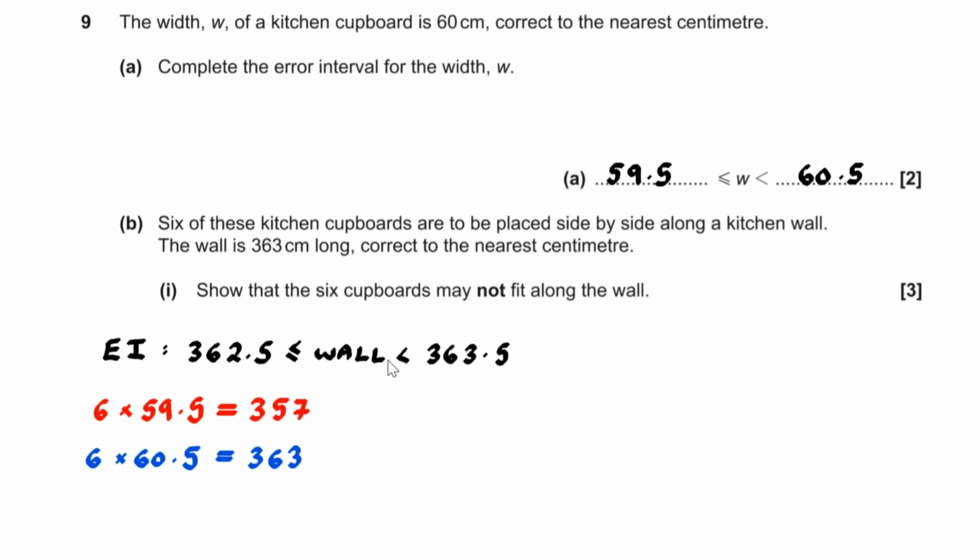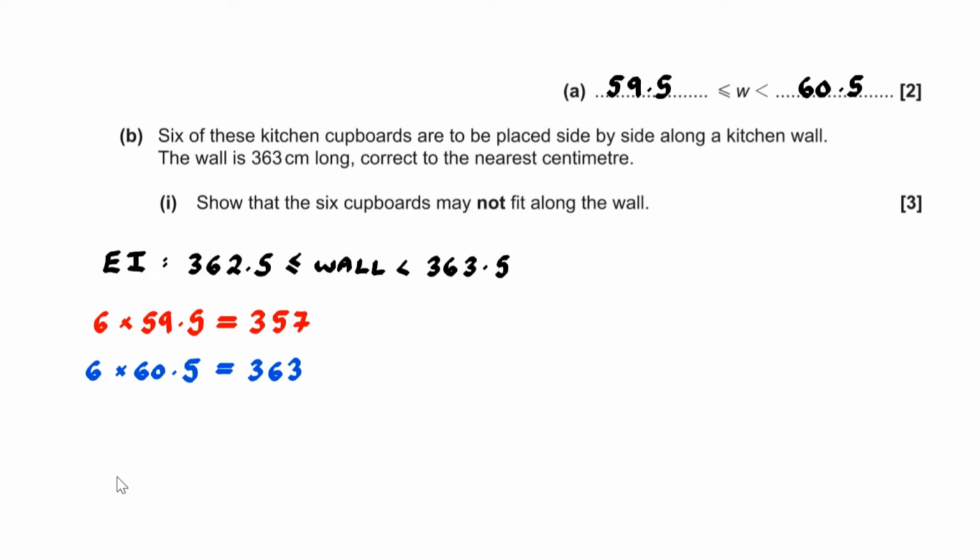So the reason why the cupboards altogether may not fit along the wall is because we think to ourselves, well, this 363, that could be the length of all the 6 cupboards.